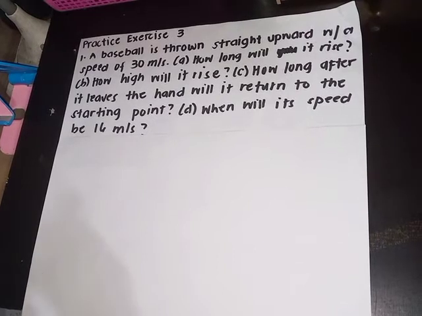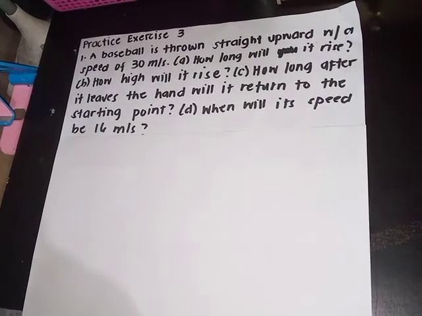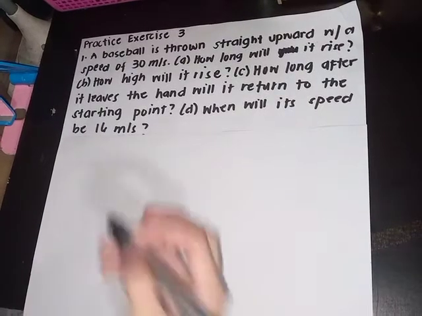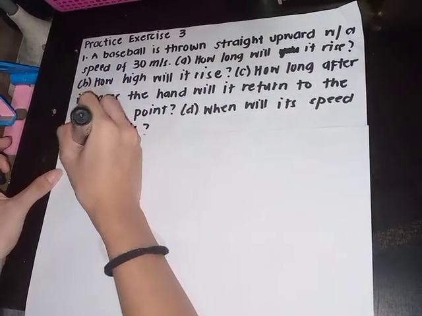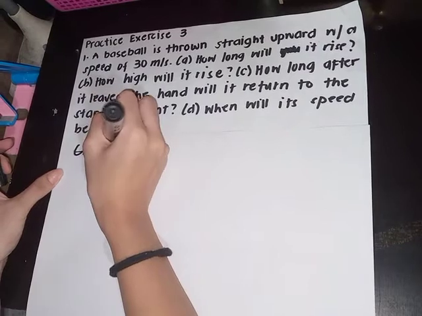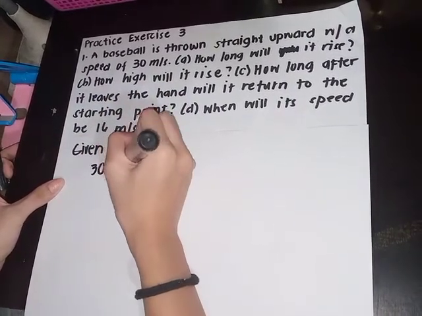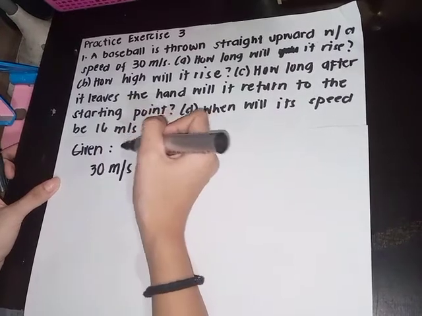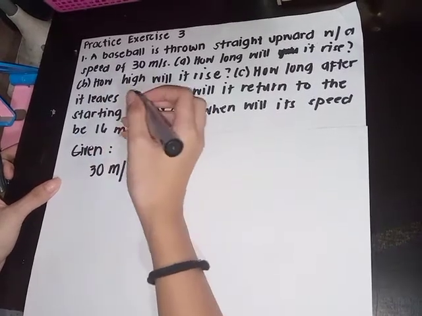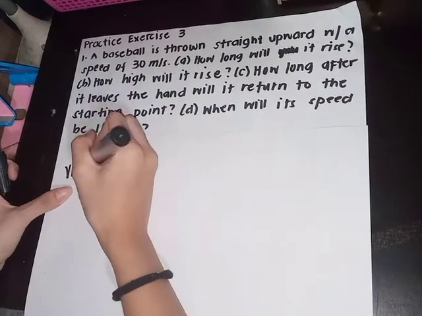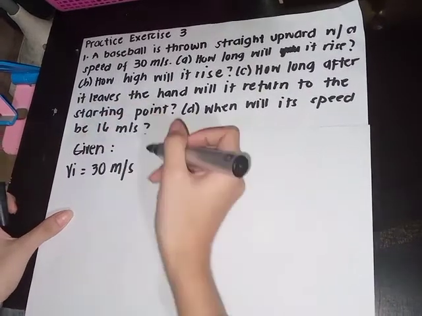So first, what are the given? So, the given is speed of 30 meters per second. So, we have the given 30 meters per second. So, speed of 30 meters per second is the initial velocity of the baseball.